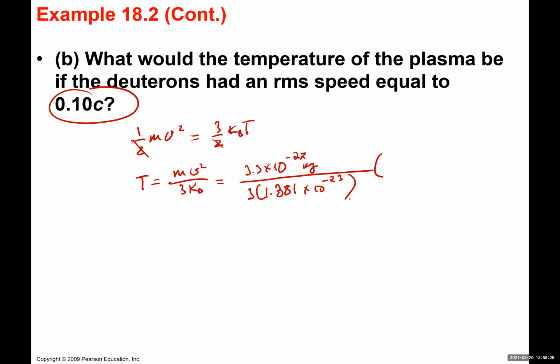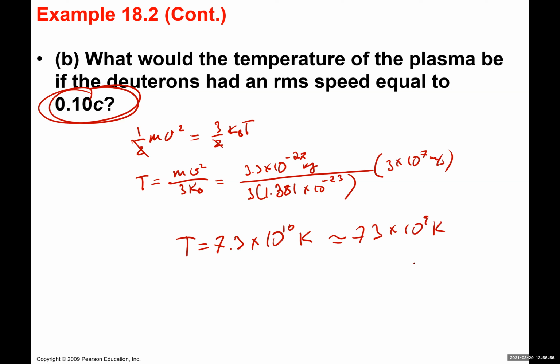Then the RMS speed is 0.10 c, which means take the speed of light divided by 10, so 3 times 10 to the 7 instead of 10 to the 8. If we calculate, the temperature is 7.3 times 10 to the 10 Kelvin, roughly 73 billion Kelvin. So we have to increase it almost 30 times in order to reach the speed of 0.1 c.